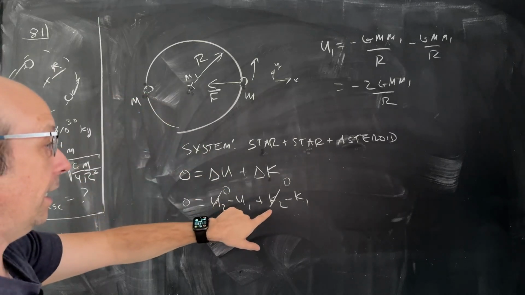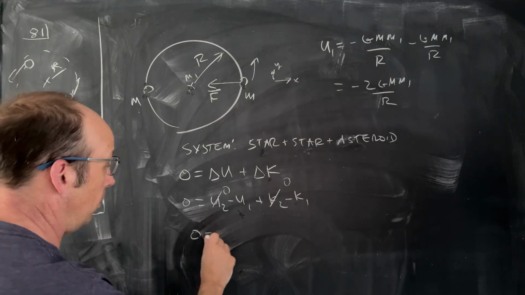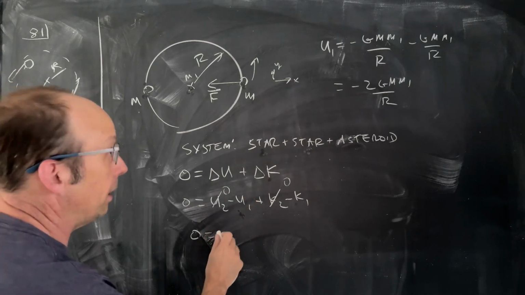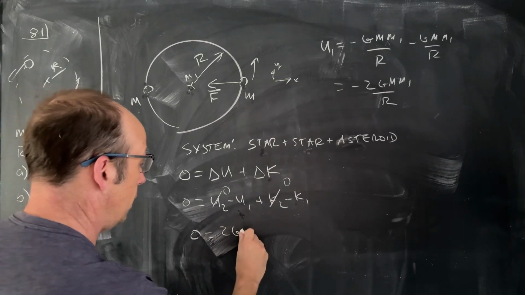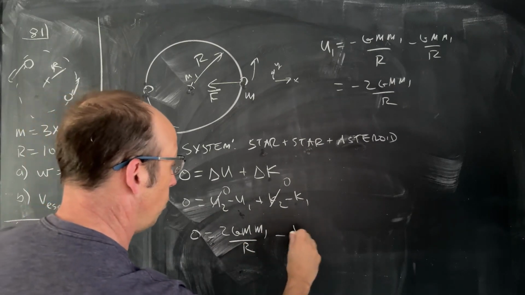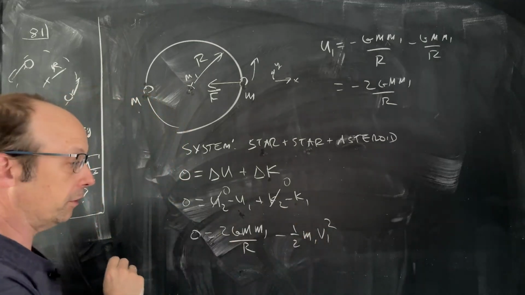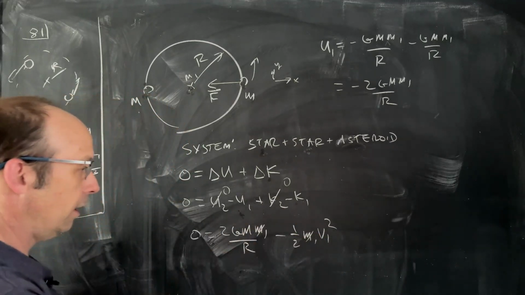Now I can set that equal to the initial kinetic energies. Plug in my stuff. I have 0 is negative of that, which is going to be 2g m1 over r minus 1/2 m1 v1 squared. And I want to solve for v1 squared. Mass cancels.